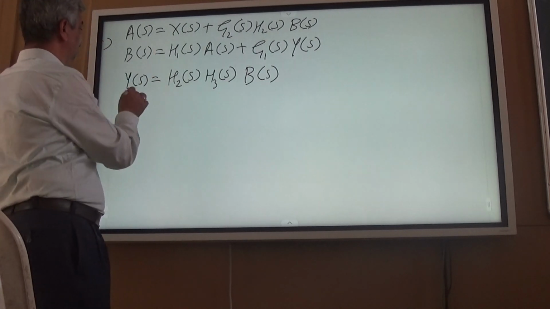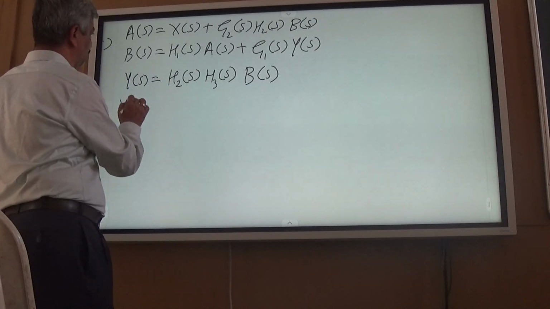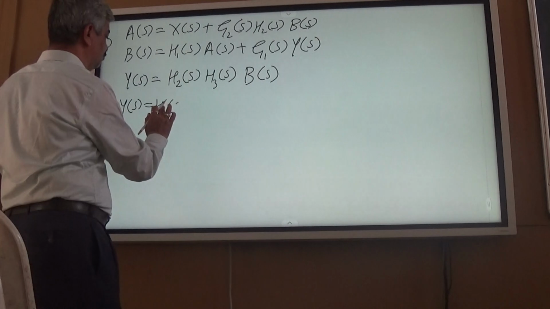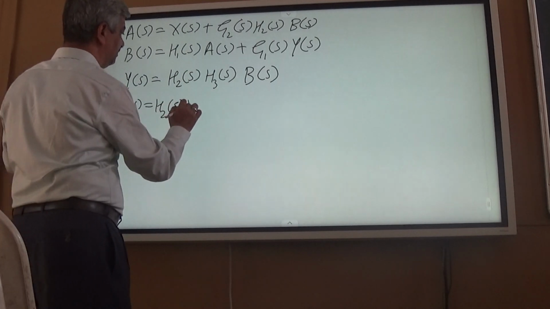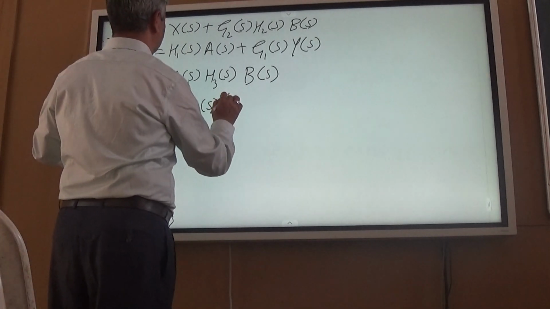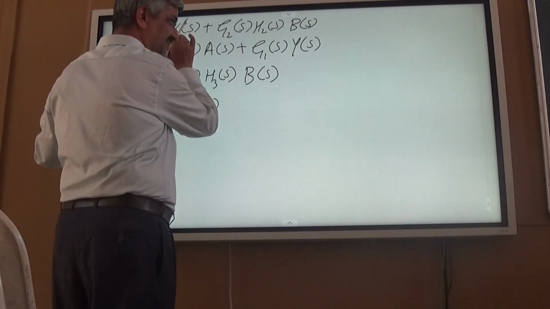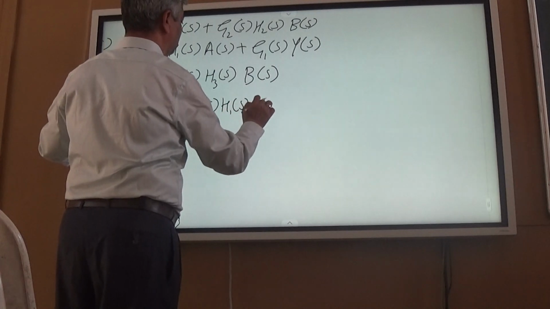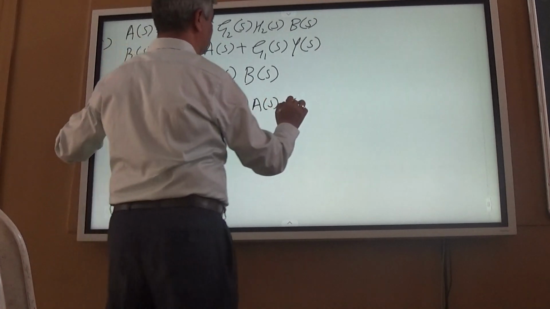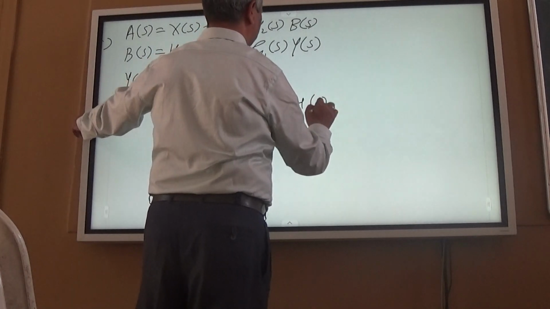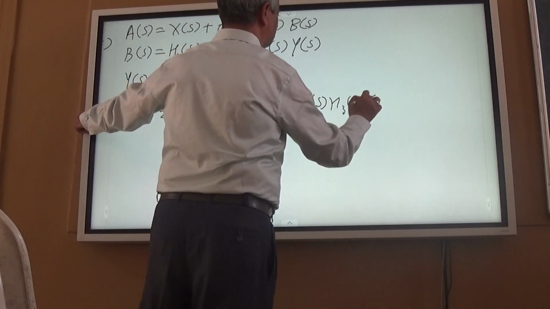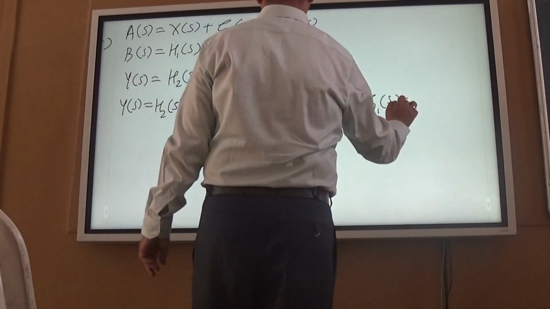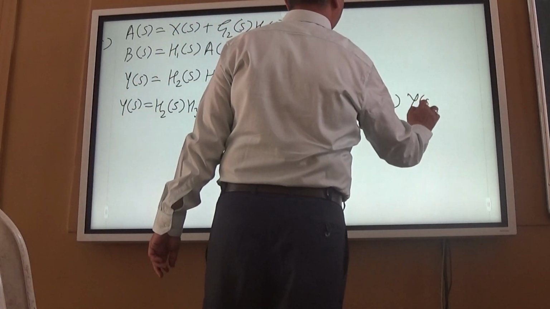So when you put Y(s) is equal to H1(s), when you put here H2(s) H3(s) into bracket, I separate the bracket. B(s) is H1(s) A(s) plus again this H2(s) H3(s) G1(s) into Y(s).